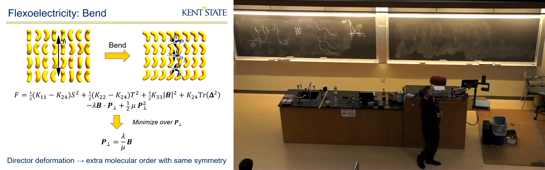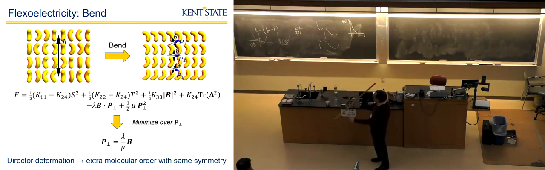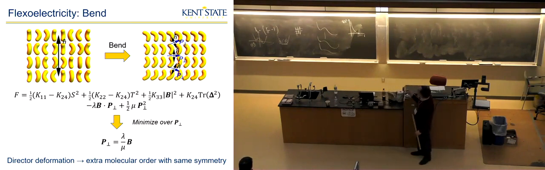You have equal populations pointing anywhere around like that. Now suppose you apply a bend deformation to the director. Down here the director is aligned this way, and as you go up, it comes up like that. That's bend. That makes an anisotropic environment for the bananas, so the bananas will respond to that anisotropic environment by aligning like this.